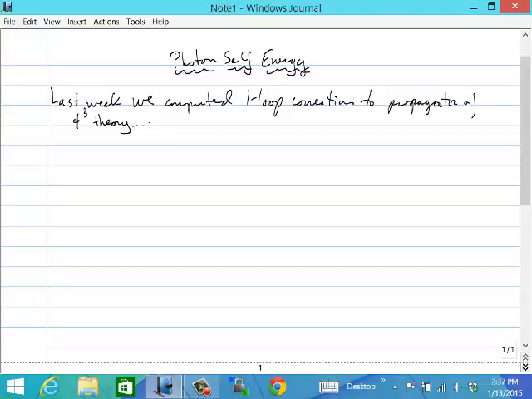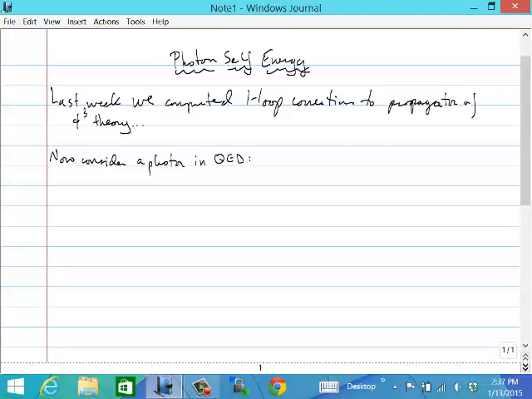And that was really a warm-up to the calculation that we'll be considering this week, which are the loop corrections to a photon propagator in quantum electrodynamics.